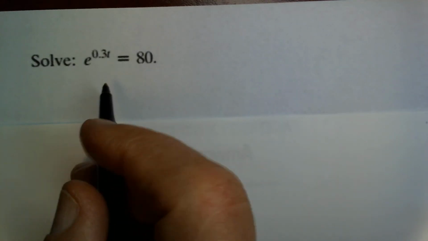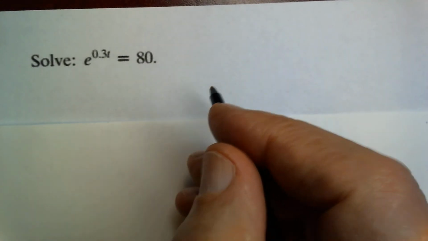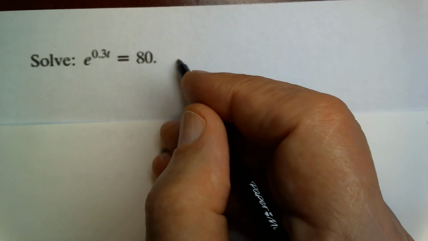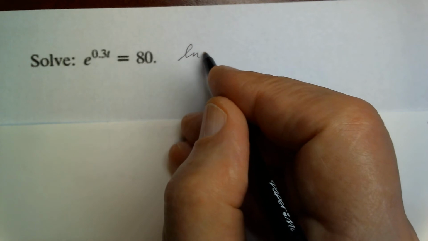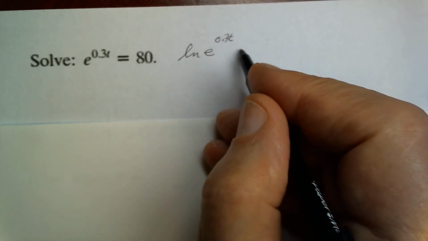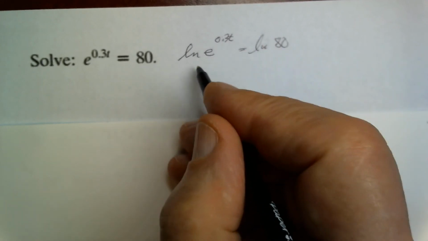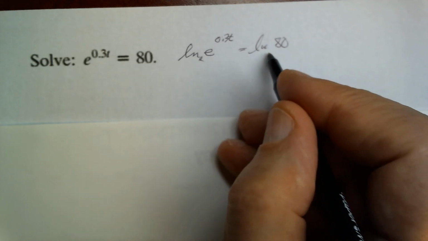To find the solution to this exercise, e to the 0.3t equals 80, we take the natural log on both sides. So it's ln of e to the 0.3t equals the ln of 80. Of course, ln means base e.